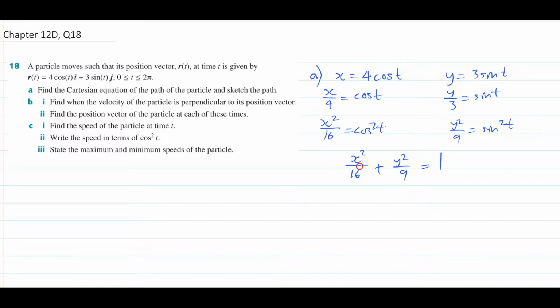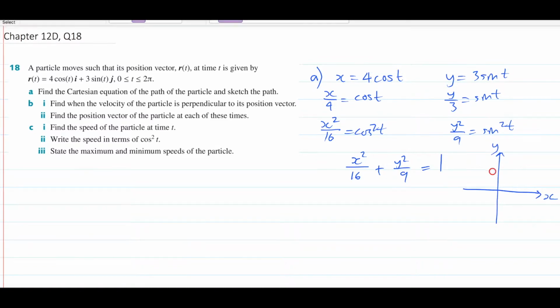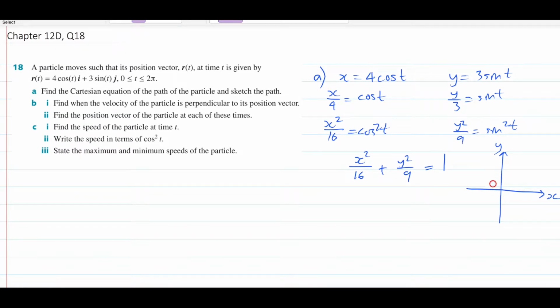We also need to sketch it, so I'll do a quick sketch over here. Horizontal and vertical axes, that's y, that's x. You can also get negative x values or negative y values, they're not restricted.